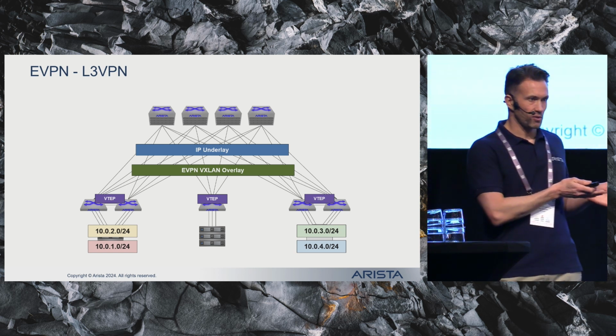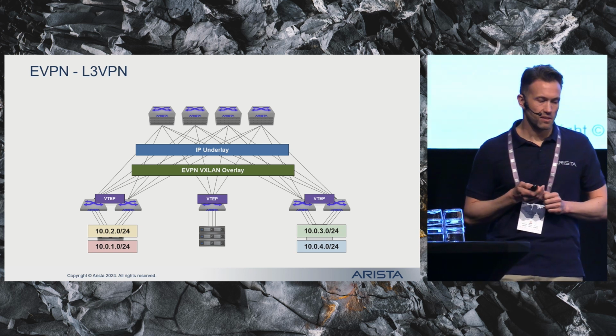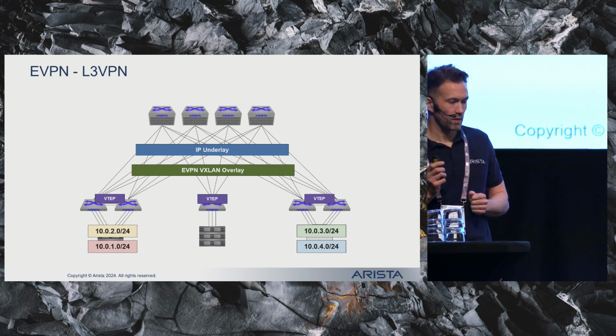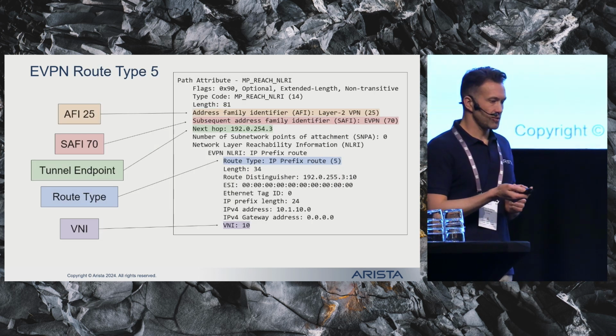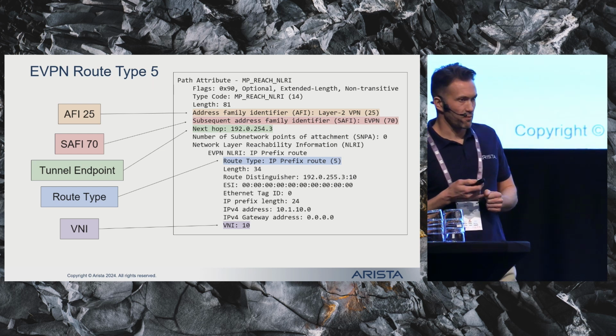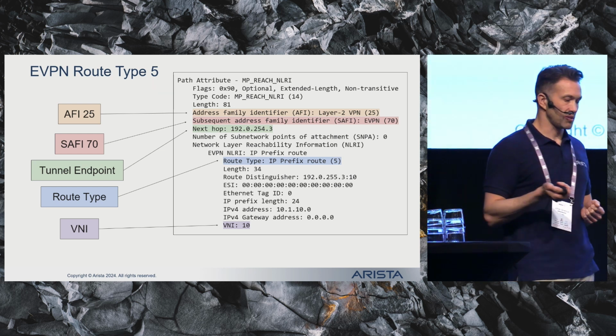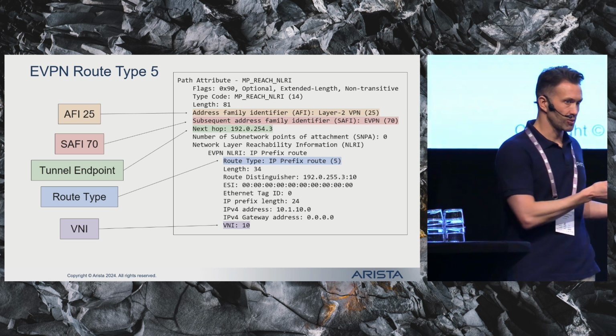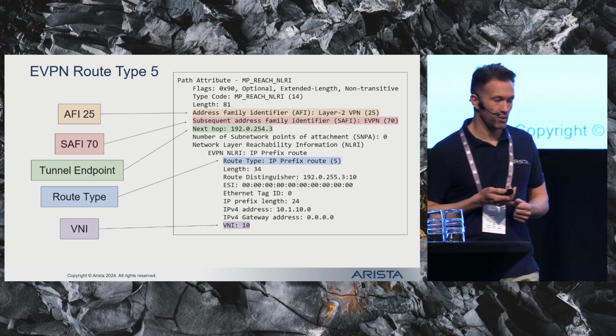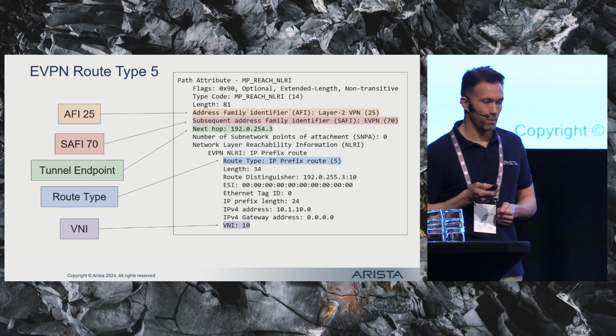Not as they are for layer 2 VPNs, where the difference is huge. This new RFC introduced a new route type 5, which is basically an advertisement of an IP prefix, as opposed to a MAC address, which was route type 2. Otherwise, it's pretty much the same.